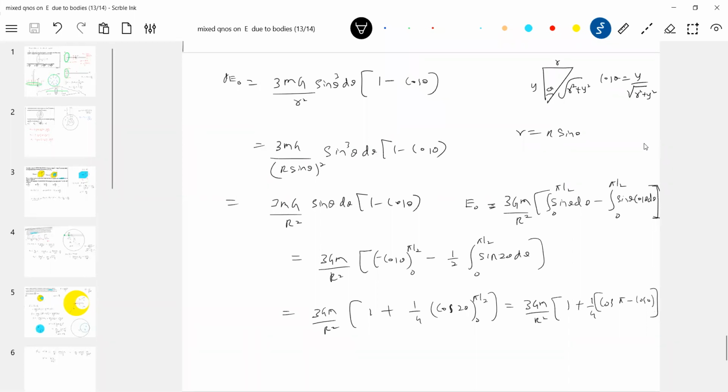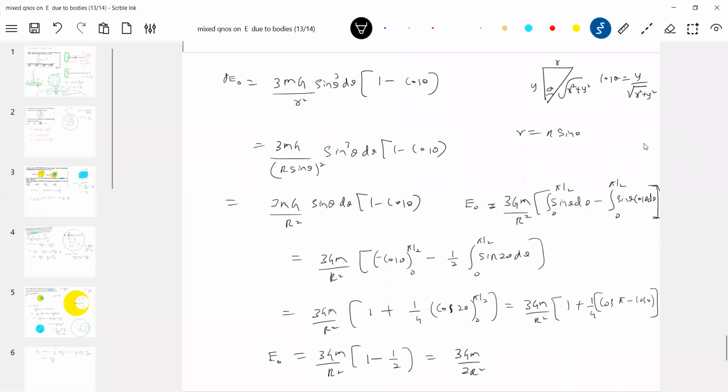Okay. 3 GM by r square into 1 minus 1 by 2, which is 3 GM by 2 r square. Okay, this r square will be there. This is the gravitational field strength due to that solid sphere.